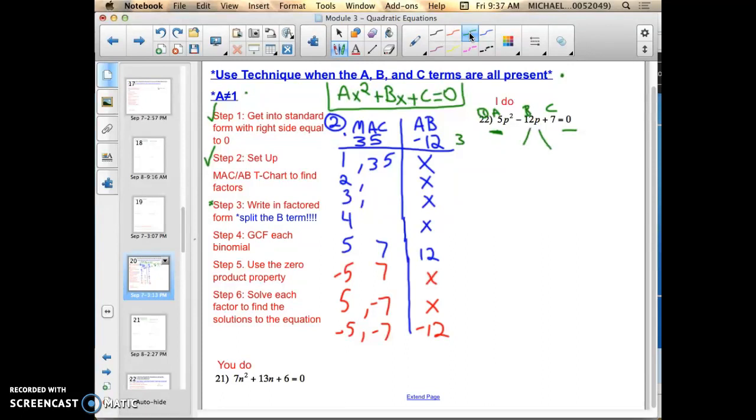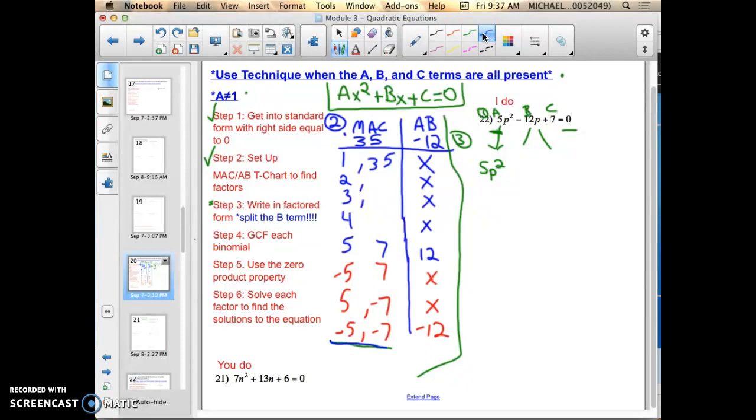This is step 3. I'm going to draw a separation line. My b term is right now negative 12. Okay, so I'm going to split up that b term into my new factors. But first, in standard form, I have to write 5p squared. I just drop down the 5p squared. Now, negative 12 separates, I'll do this in a different color.